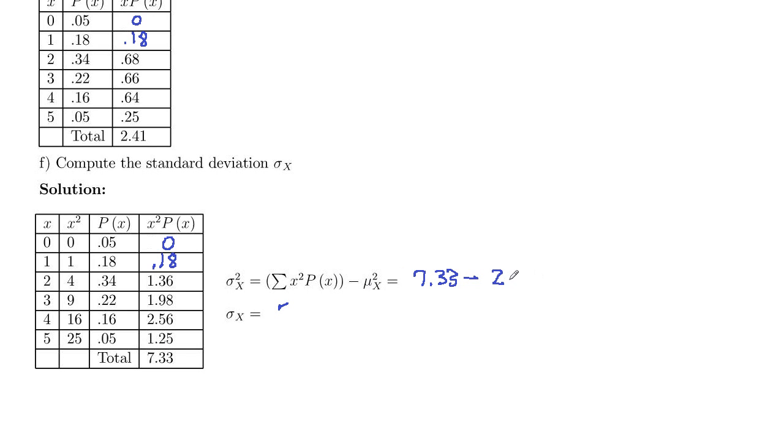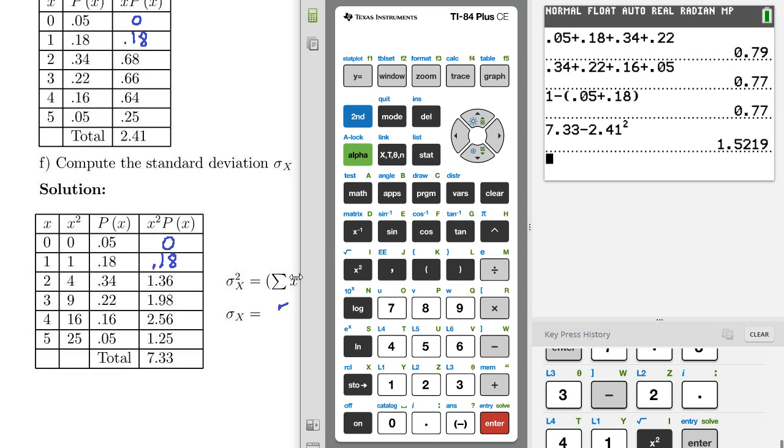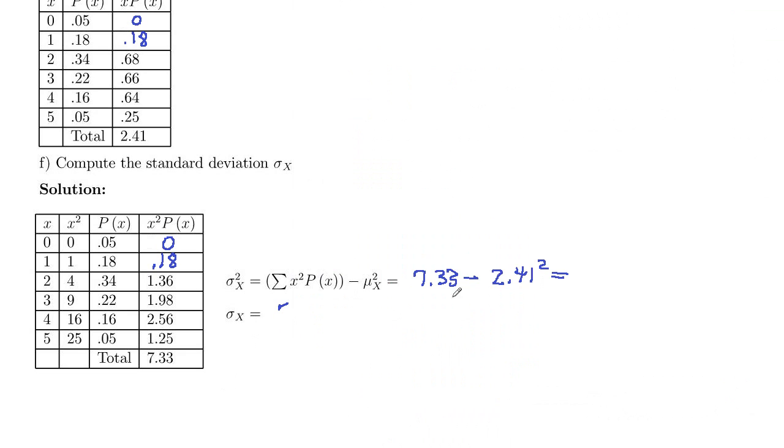So in part E, we got a mean of 2.41, and that gets squared. Let's compute this. 7.33 minus 2.41. That gets a square on it. 1.5219.